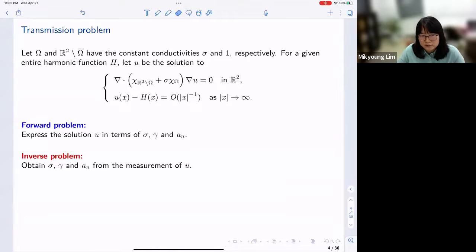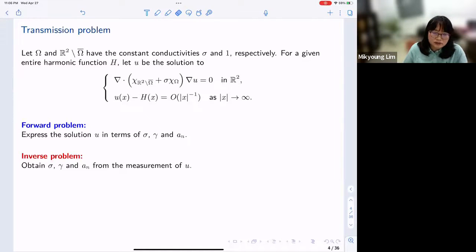And the problem I'm considering is very simple. It's a 2-dimensional transmission problem. Omega has constant conductivity sigma and the exterior is assumed to be of constant conductivity 1. And for a given entire harmonic function H, let u be the transmission problem solution.